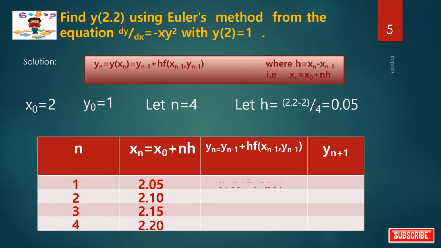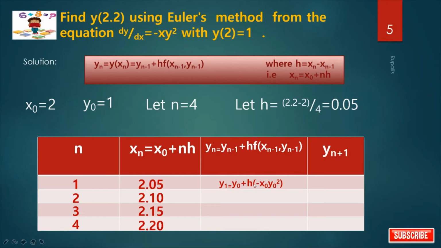Next column. What is yn? That is y1. It is yn-1, that is n value is 1, that is y0 + h f(xn-1, yn-1). So that is f(x0, y0). So our equation is -xy^2.